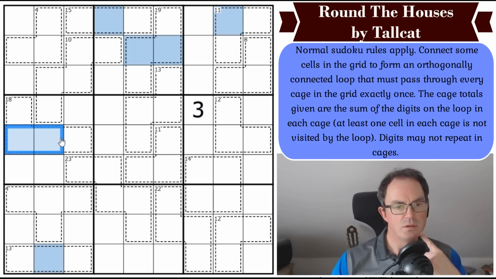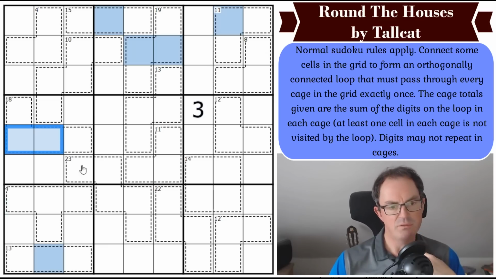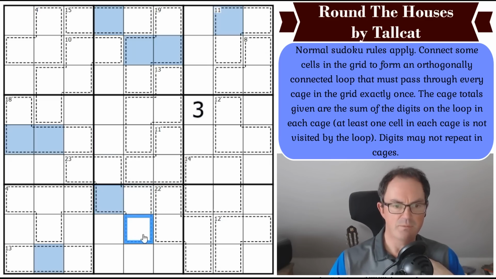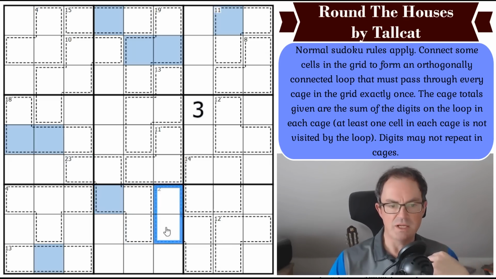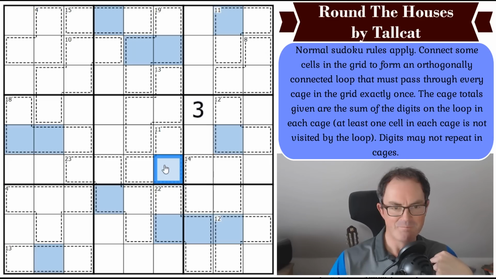23, you need at least 3 cells for, so that cell's got to be on the loop, because whether we come in from this point or this point, we're always going to reach this point. 22, yes, okay, so we know that those 2 have to be on the loop. 12, again, at least 2 of these cells have to be on, so that has to be on the loop. 12 again, that's got to be on the loop. 11 again, that's got to be on the loop. 13 could just be 2 cells, couldn't it?